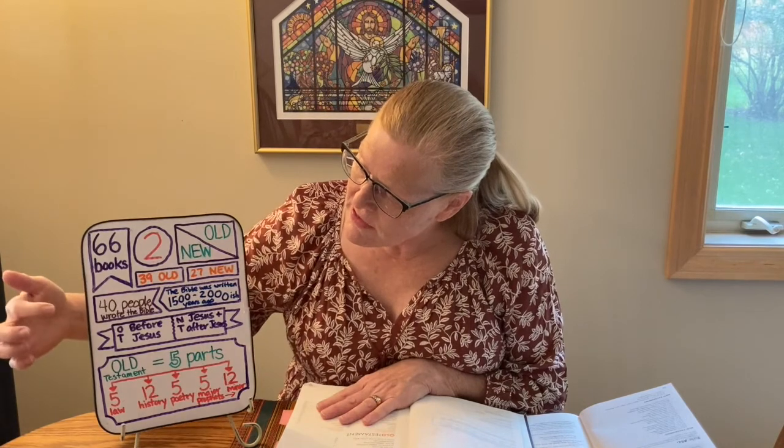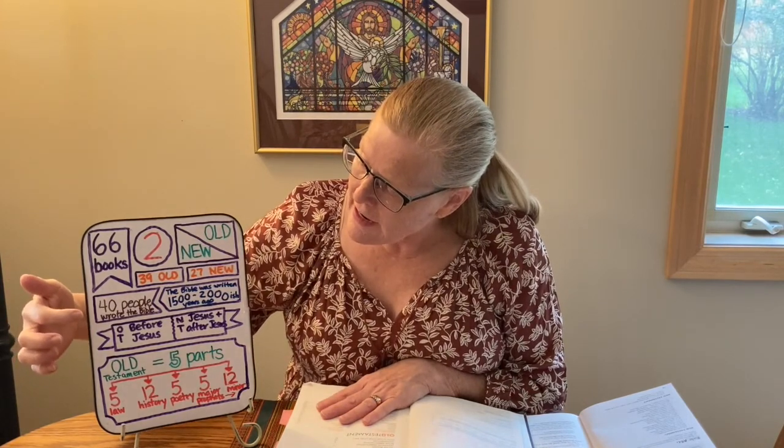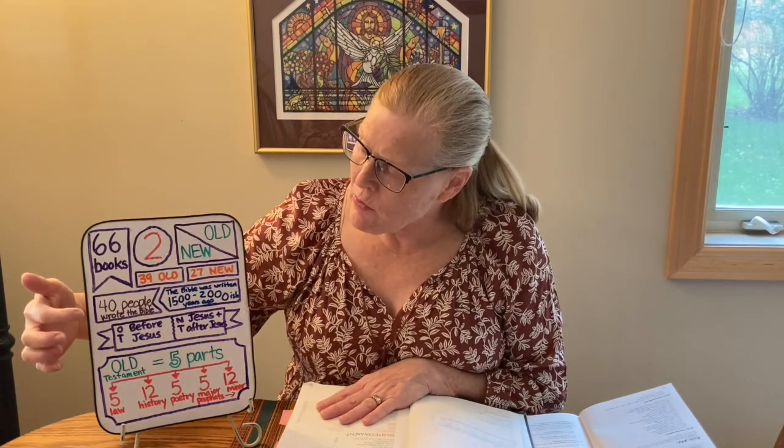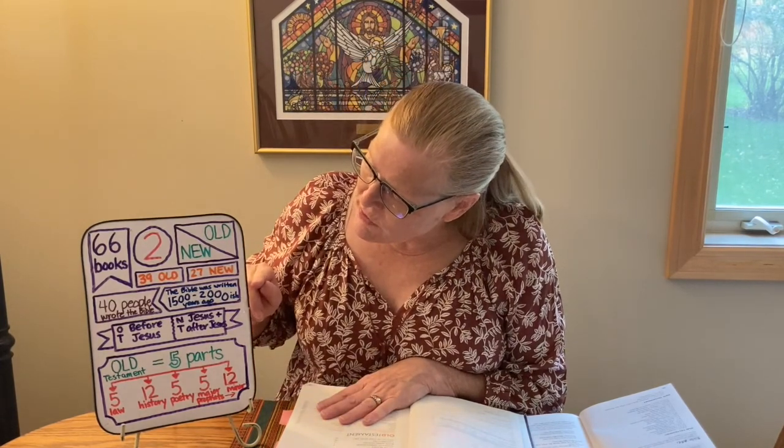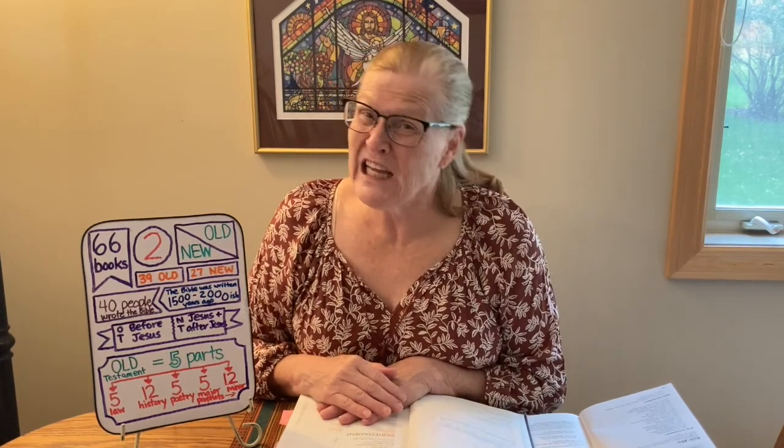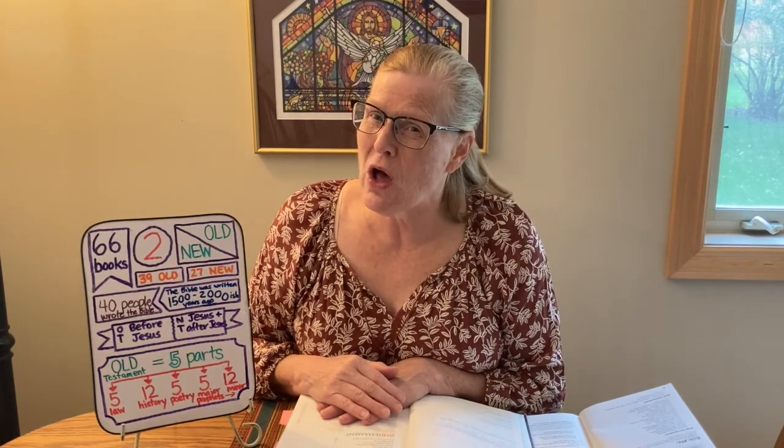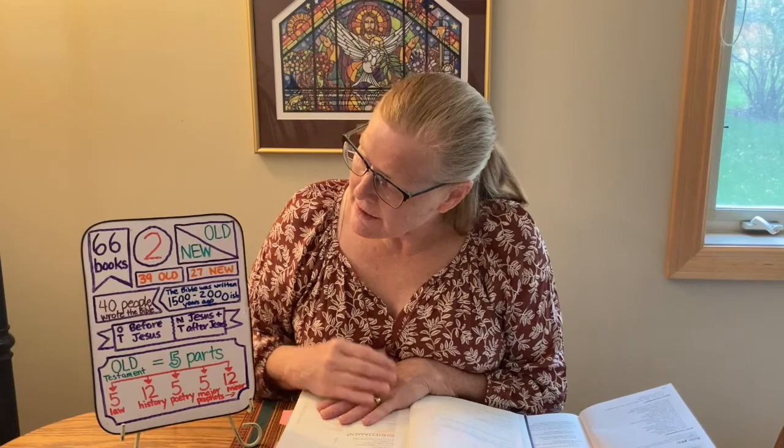Now, here's something that you might not know. The Bible was written by about 40 people. So it's attributed to 40 different authors. And it was written between 1500 and 2000-ish years ago. So it's been around for a long, long time.